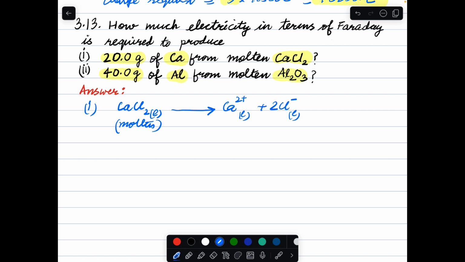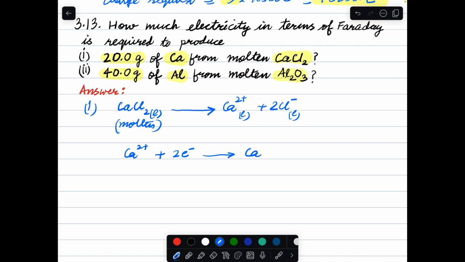Now this Ca2+ ion will take electrons and convert to calcium metal. Because there are 2 unit positive charges, we need 2 electrons per atom to give 1 atom of calcium. Fine, so here we will apply the idea.